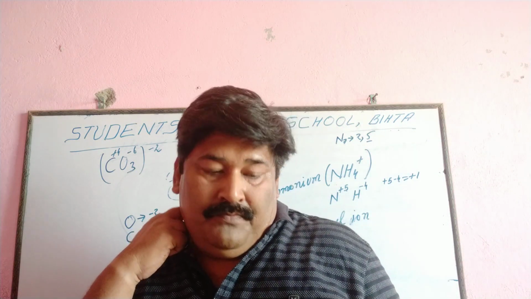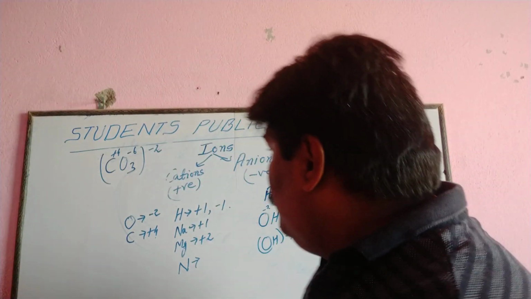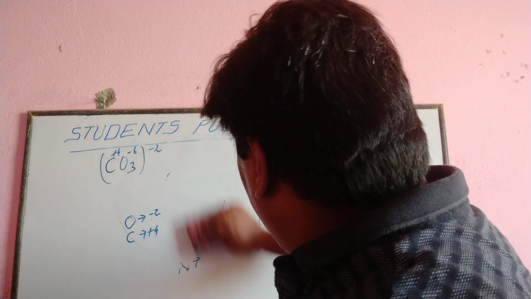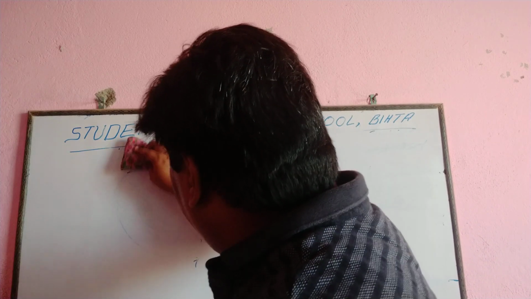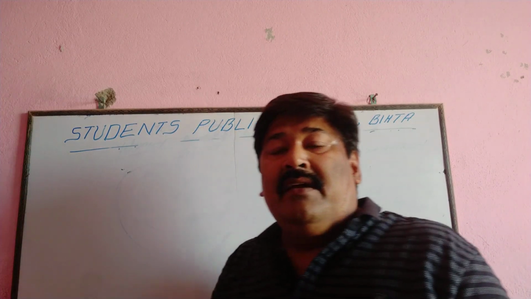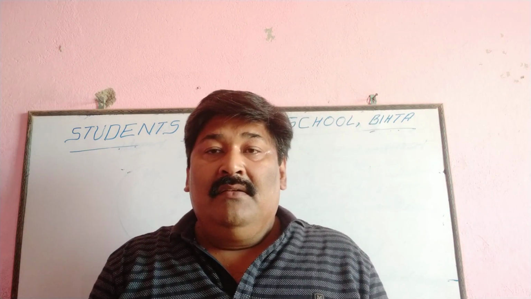Okay? Now, how are chemical formulas formed? We know chemical bonding takes place, a chemical reaction takes place. A chemical reaction takes place when one atom loses an electron and another atom gains an electron.